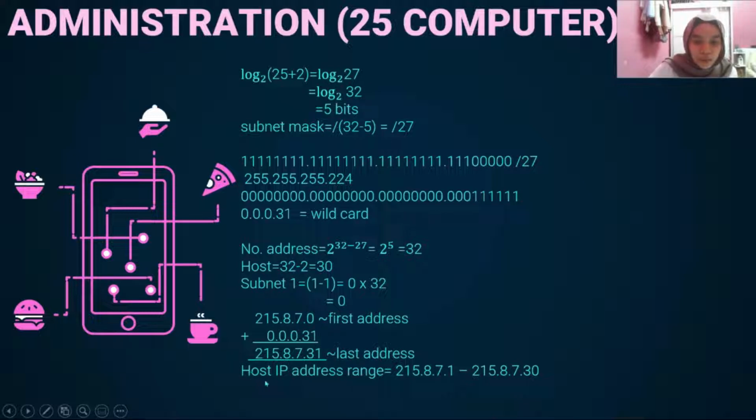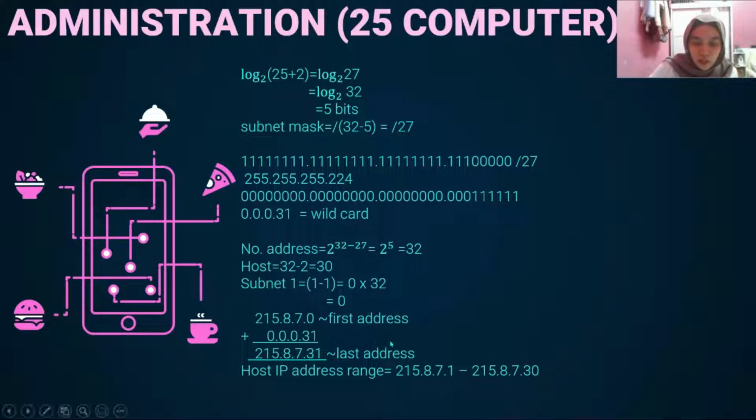And that is how you get the host IP address range, which is 215.8.7.1 to 215.8.7.30. By taking the first address of the 4th bits, you add 1 to it. That is how you get the first host IP address.